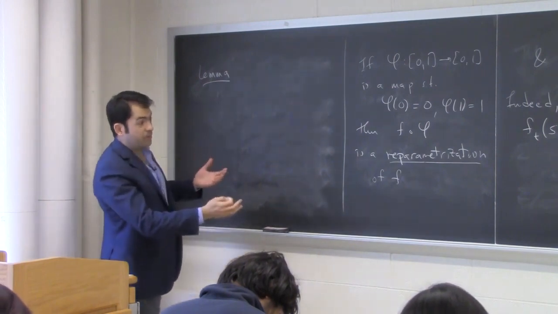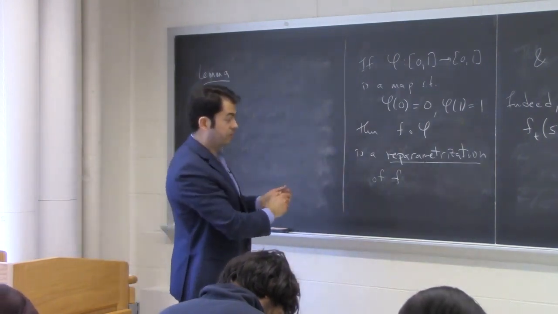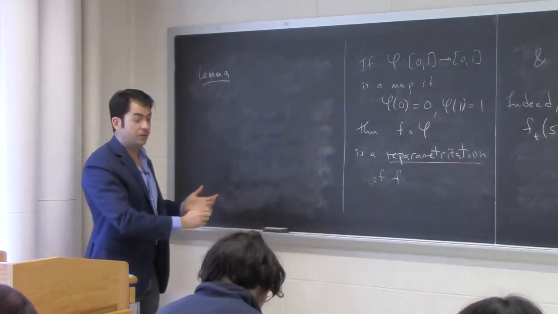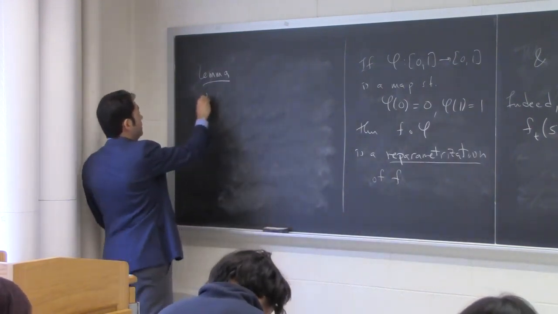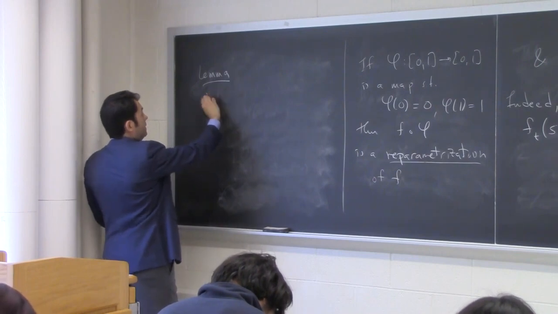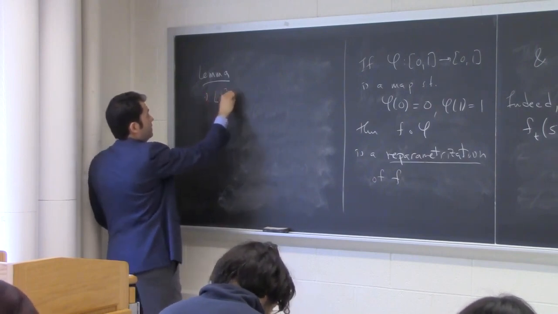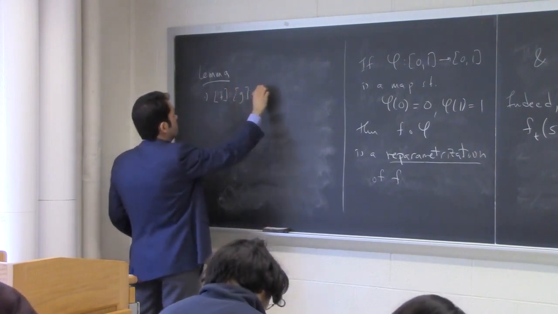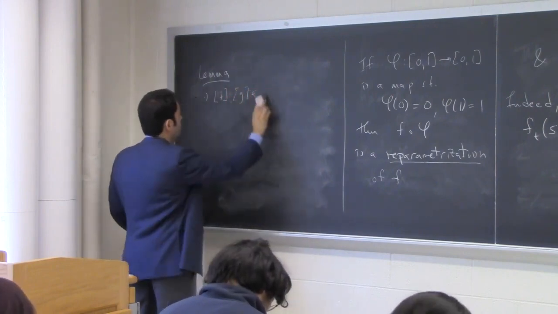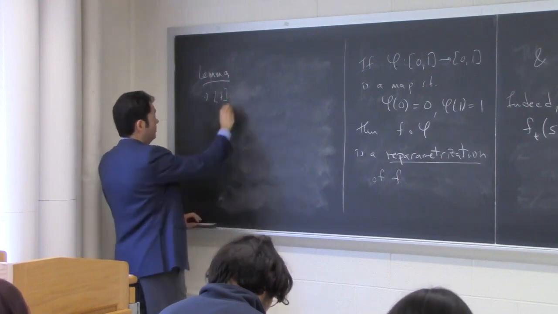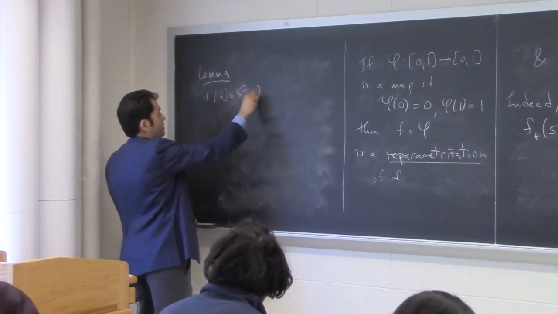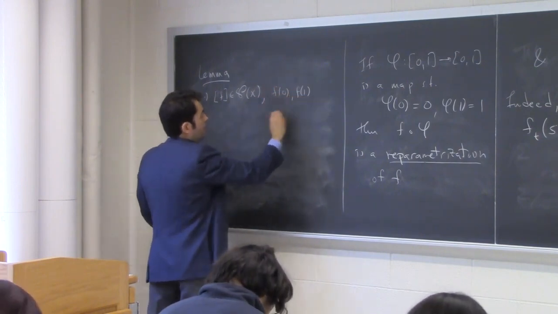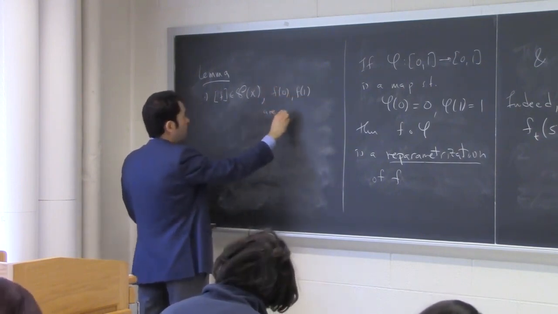Here are some properties of how this operation of path concatenation works for equivalence classes. First of all, it's well defined. If you have an equivalence class of paths, then F0 and F1 are well defined.